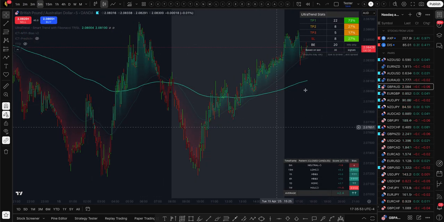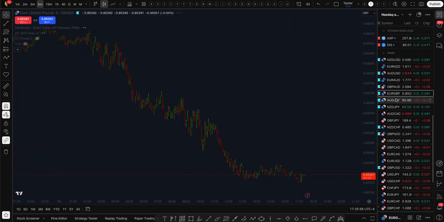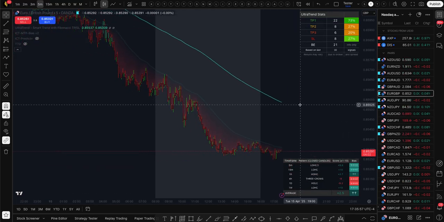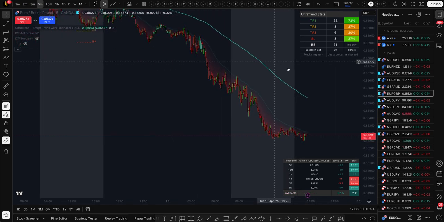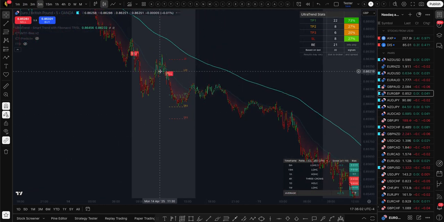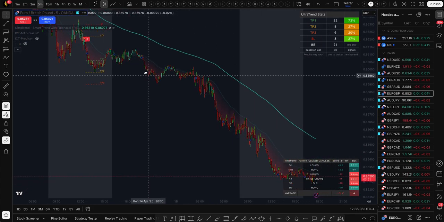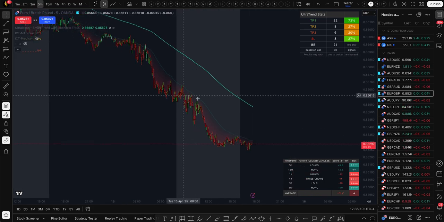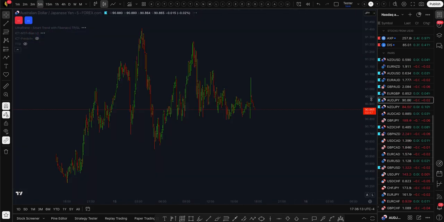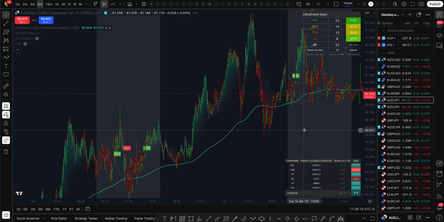GBP AUD, no entry at all. My God, I'm surprised right here. Hold on, it was actually nice right here, this previous day, but this one right here, no sells. The algorithm did not print anything.